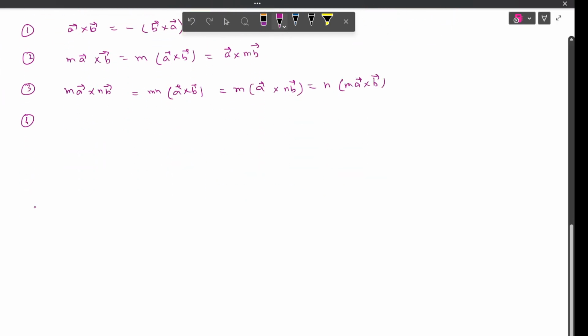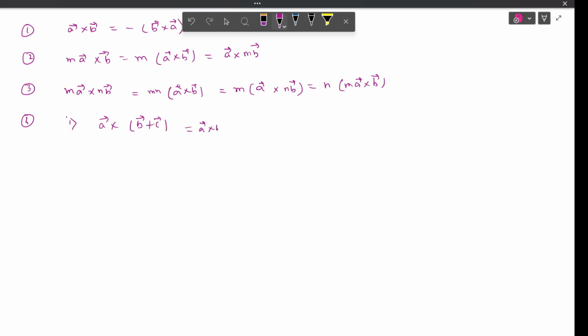Property number 4 is the distributive property of the vector product over vector addition. Let us say A, B, C are three vectors. Then we can say A cross B plus C vector is A cross B plus A cross C. This is left distributivity.